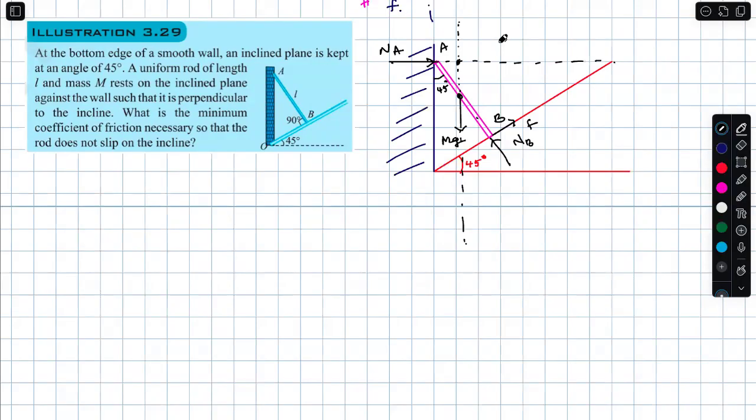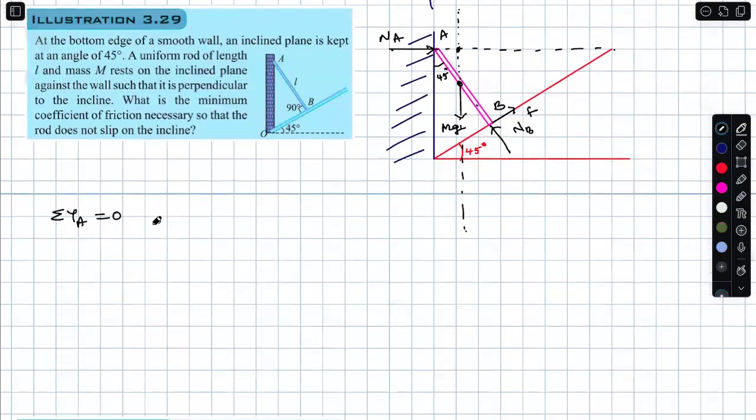Now let us try to understand. We will take the net torque about A, because in equilibrium, you can choose any point. Net external force is zero. You can apply the torque equilibrium condition about any point.